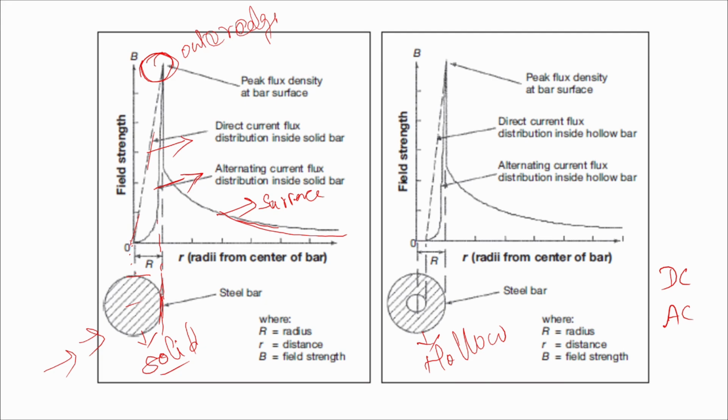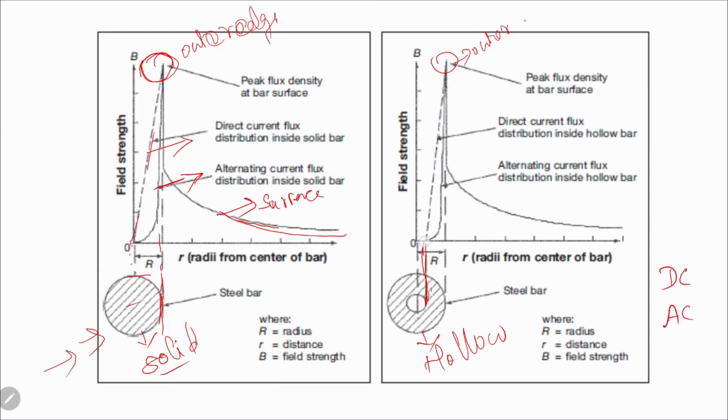The same peak at the surface. Again, flux density is maximum at the outer surface. In DC current, flux penetrates throughout the hollow wall. This is the hollow wall.